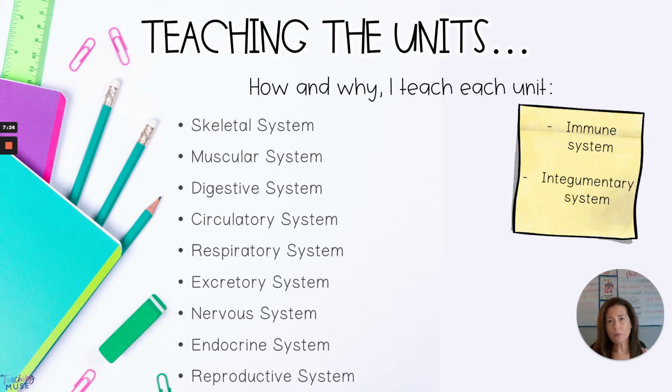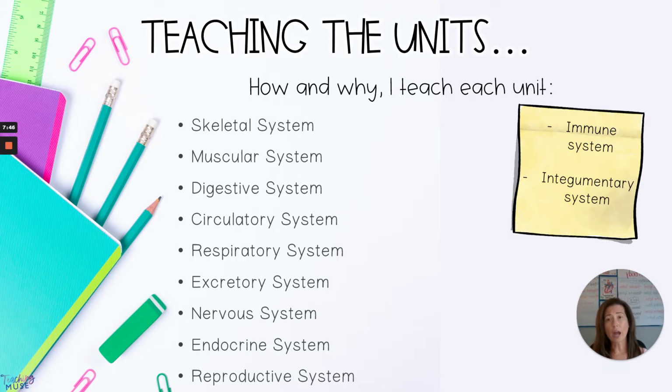So we start off with the skeletal system, which is like the framework for our body. The skeletal system can't do anything without the muscular system. So that's why I think that is a good system to teach next, because you have those muscles that are connected to the bones that help the body move from one place to another.